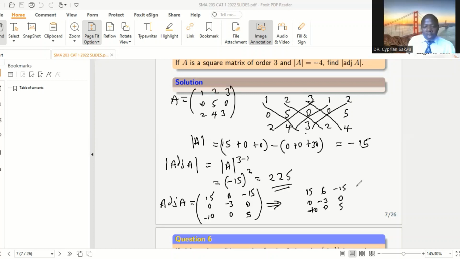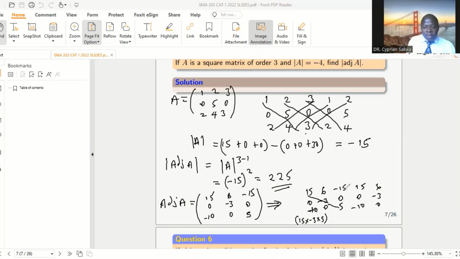Add the first two columns here: 15, 0, negative 10, and this is 6, negative 3, and 0. Along this diagonal, you have 15 times negative 3 times 5.